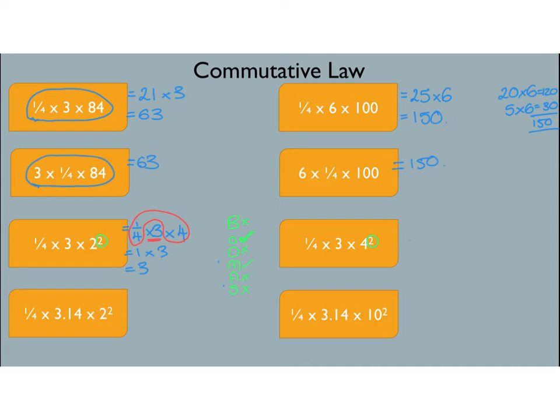So for this one here, I'm going to do a quarter times the 3, and 4 squared has an answer of 16. Again, I can see that I really don't want to work out a quarter of 3, so I'm going to work out a quarter of 16. A quarter of 16 makes 4, times it by 3, and that gives you 12.